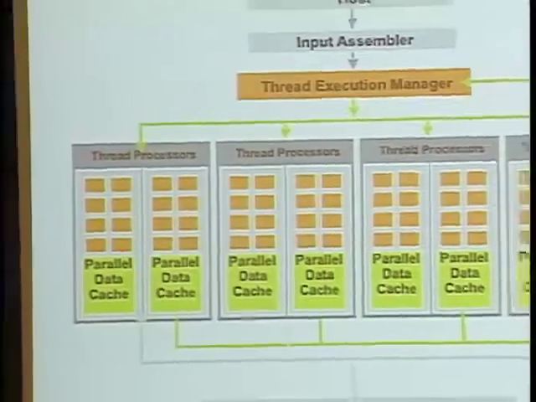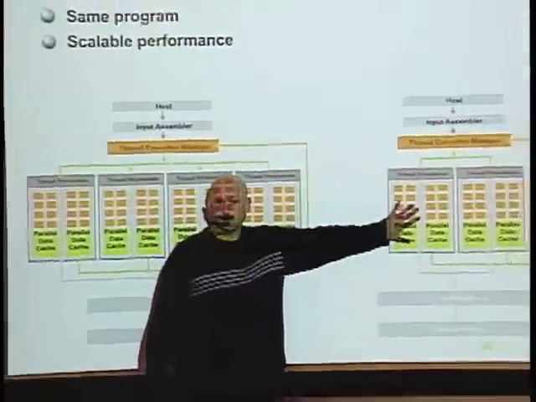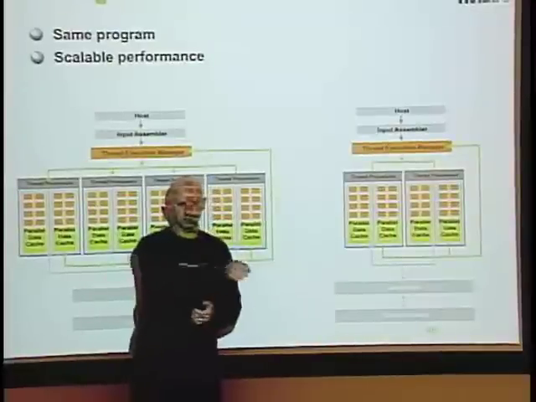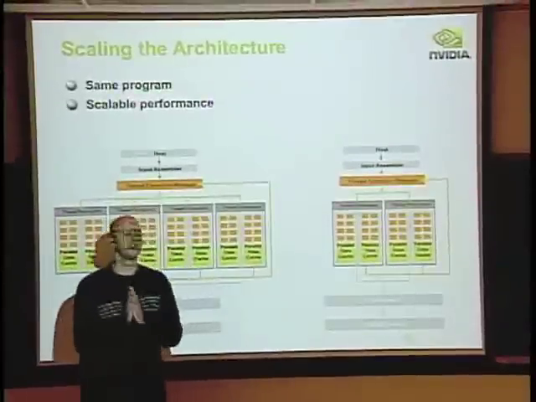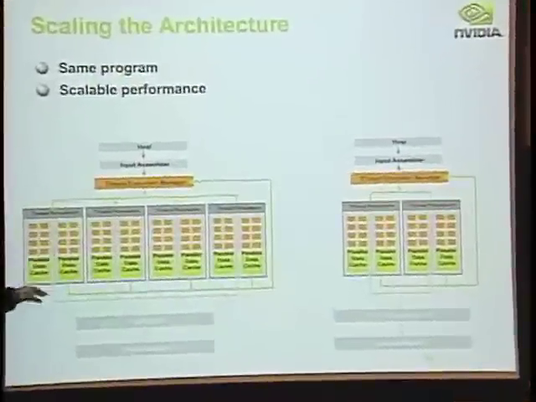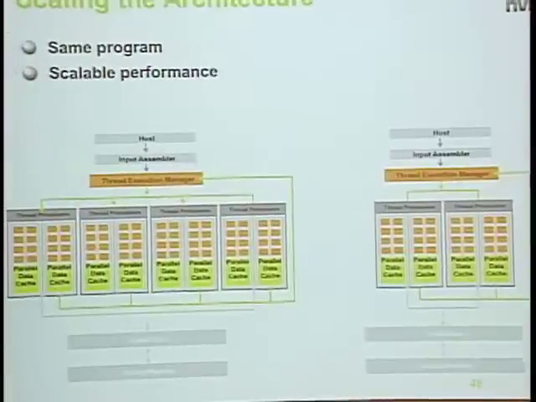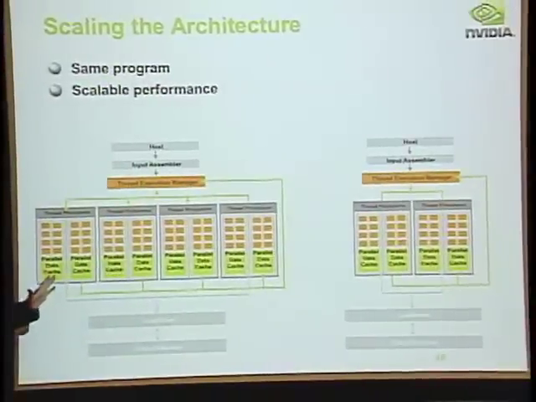You can take a cheap GPU, like in my laptop, that maybe has 4 multiprocessors on it. And the thread execution manager will deal things out to those in any order. Doesn't tell you what order, doesn't tell you where they're going to go. And it will run the exact same way as if you have a big GPU with lots of multiprocessors on it. What it means is you as the programmer have no idea how many multiprocessors you have.